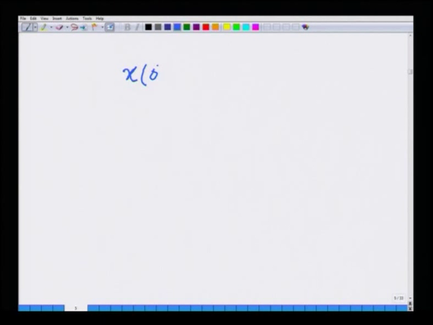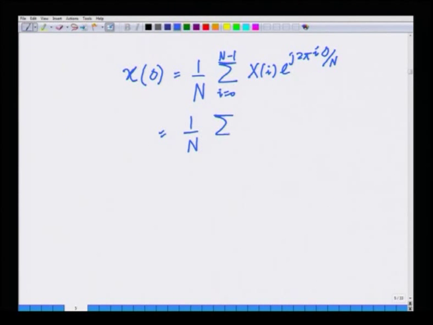Let us look at the 0th IFFT sample, which is 1 over n summation i equals 0 to n minus 1 xi e power j 2 pi i times 0 divided by n, because we are looking at the 0th sample, which is nothing but 1 over n summation i equals 0 to n minus 1 of xi.